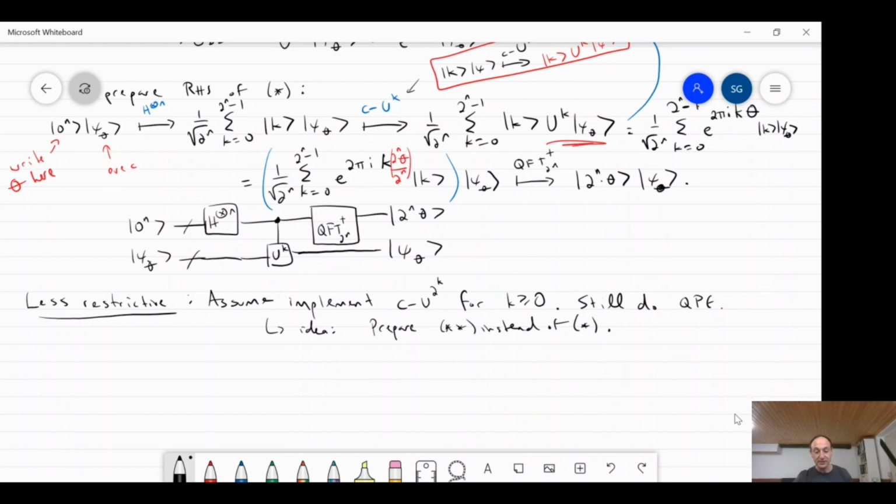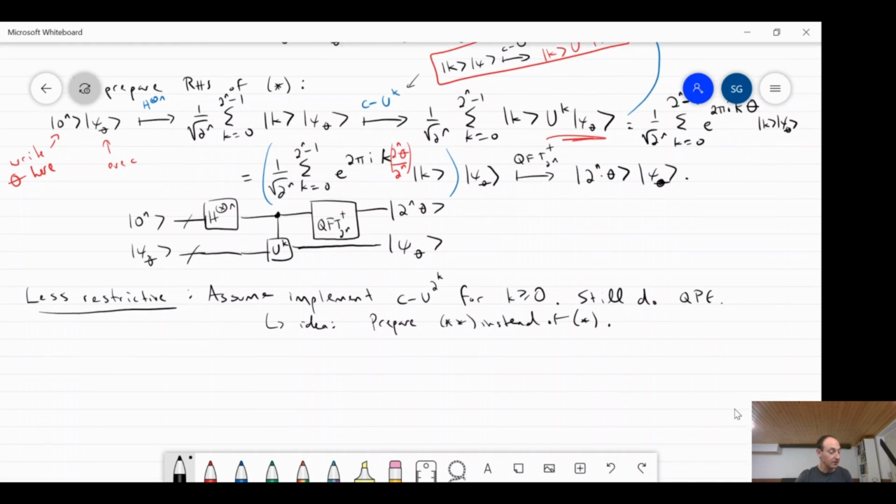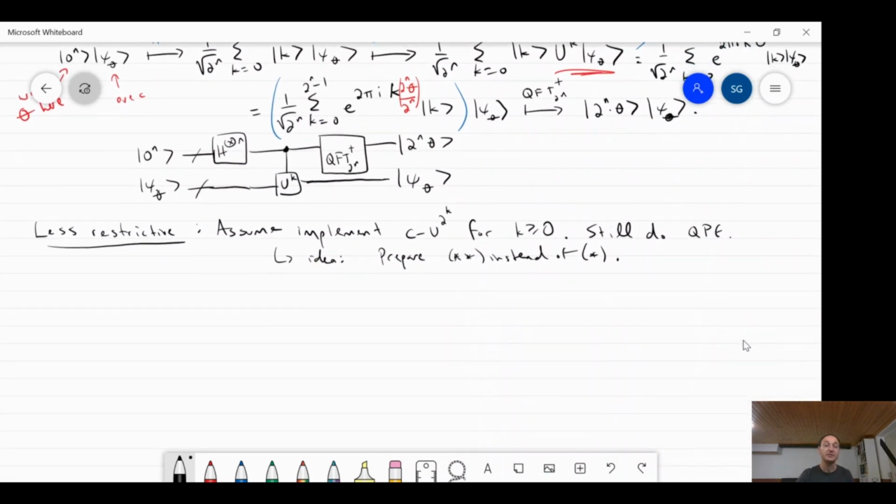Okay, but that's all I want to say about that. We do have to say a little bit about runtime and what happens if theta is not rational, or cannot be represented in n bits, okay? So runtime and discussion, and I'll keep things relatively high level here in the interest of time.